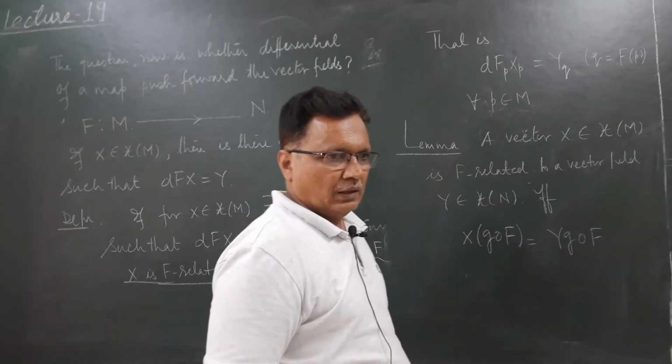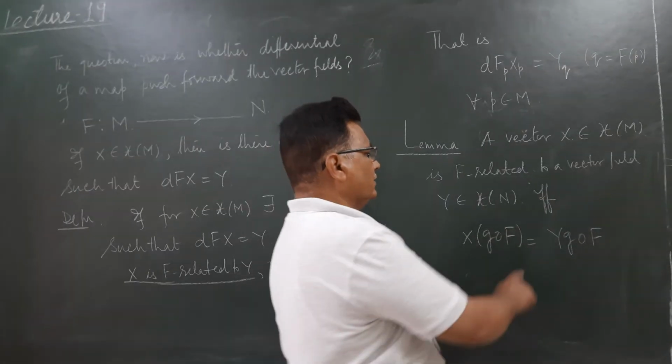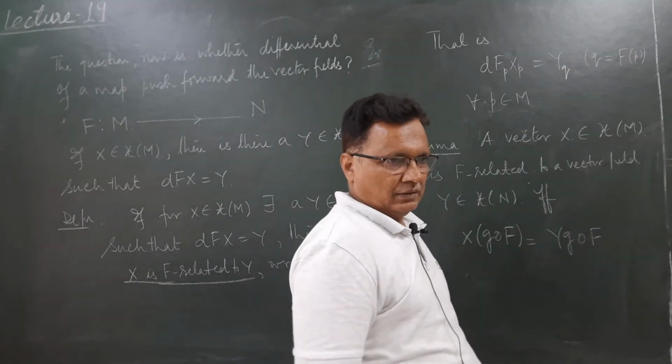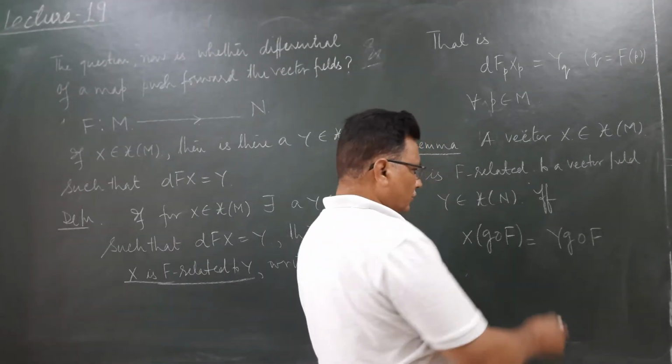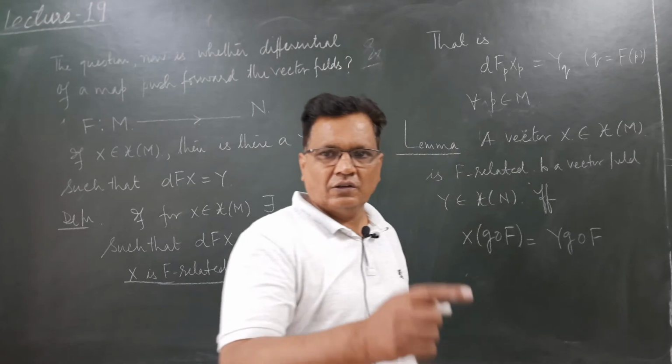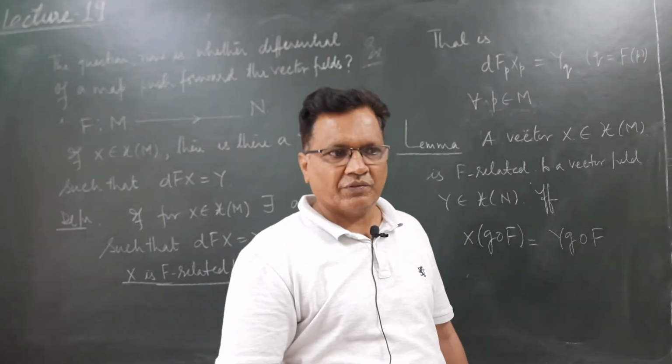This should also be a function on M. Y is a vector field on N. G is a real valued function on N. So yg will become a function on N. When you compose it with f, it will become a function on M.